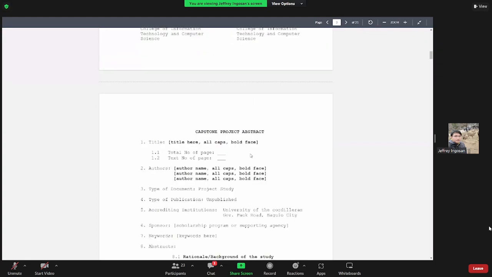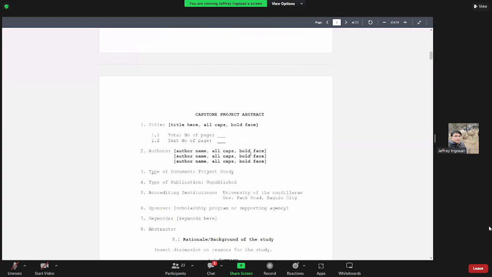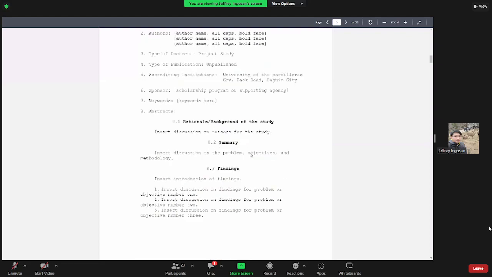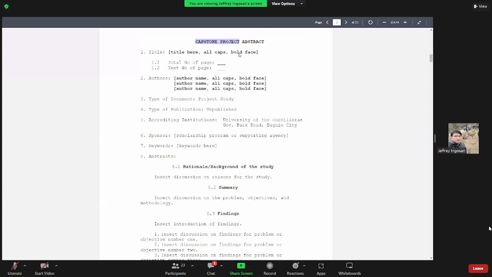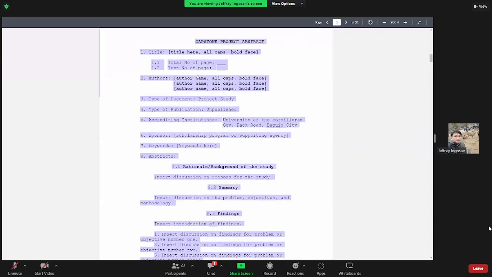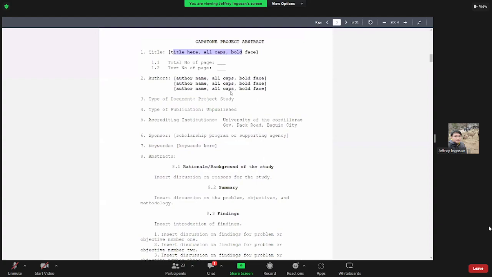For the capstone abstract, the label Capstone Abstract is bold. The title of the study is bold, and your name is also bold. And then the labels: rationale of the study, summary, findings, conclusions, and recommendations. These are the only bolded text.